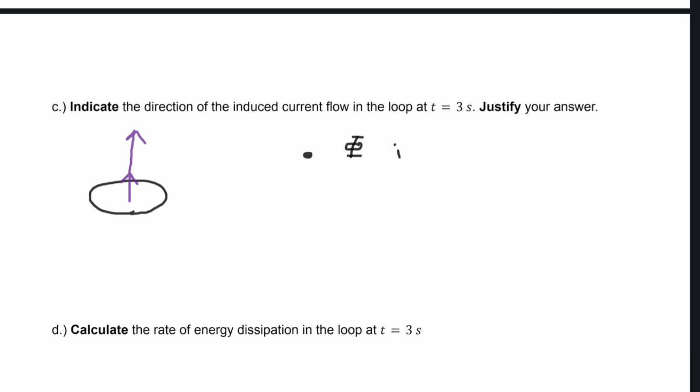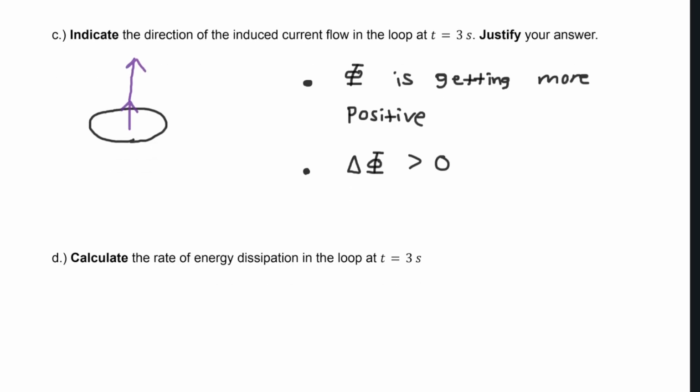So phi is getting more positive. If you're increasing in the positive direction, this means your delta phi would be positive. And as such, we're going to need a clockwise current to oppose the flux change.